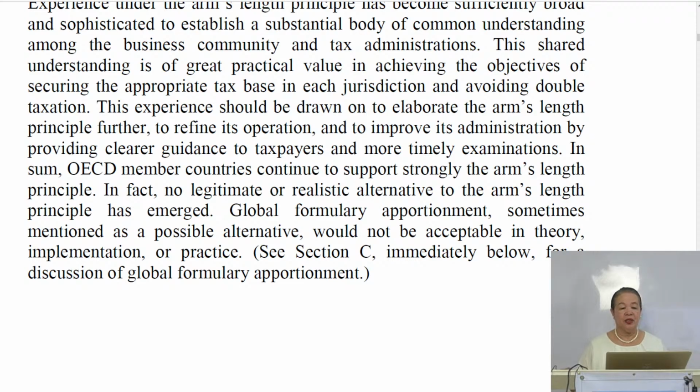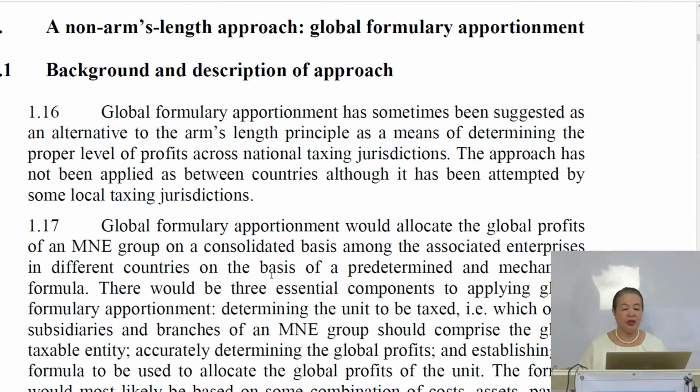What is this, a non-arm's length approach, which is the global formulary apportionment? Global formulary apportionment has sometimes been suggested as an alternative to the arm's length principle as a means of determining the proper level of profits across national taxing jurisdictions.